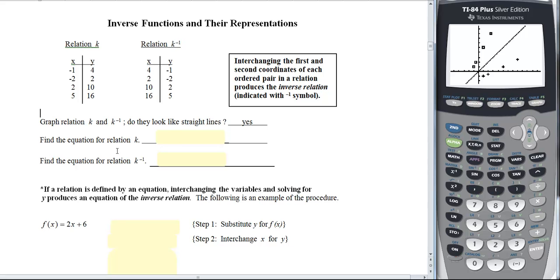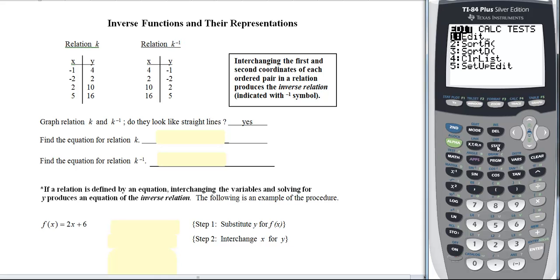Find the equation for relation K. Well guys, we've used the stat before. So let me go to stat, over to calc for number 4. I'm going to tell it that I need L1 and L2. Remember, I've got 3 different lists. So I just, we've done linear regression. So second L1, comma, second L2.